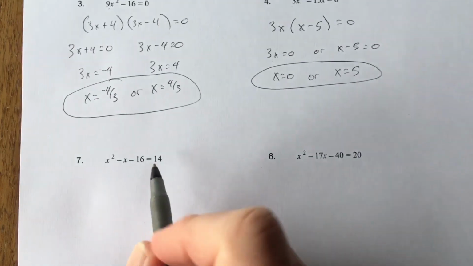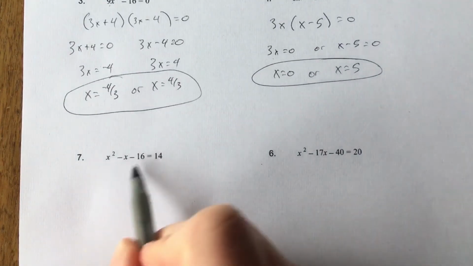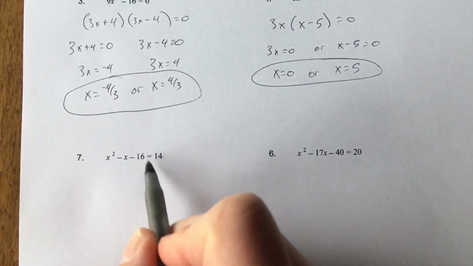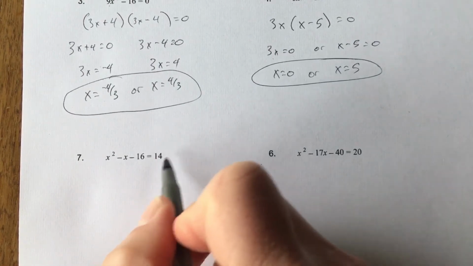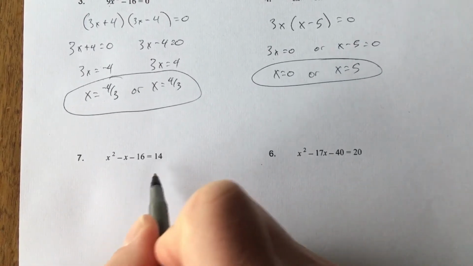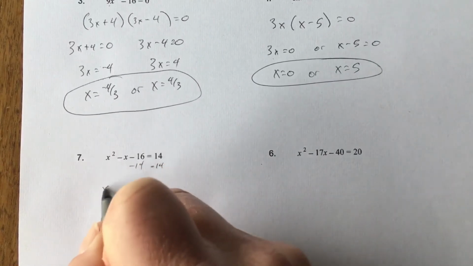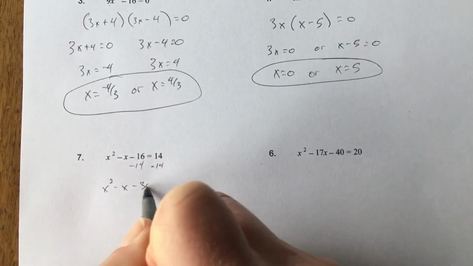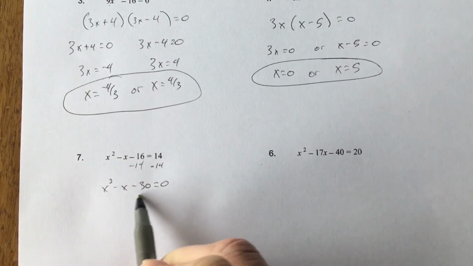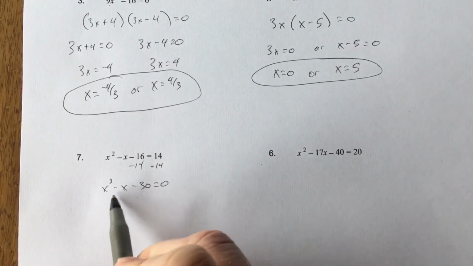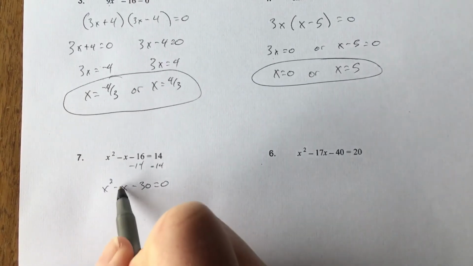For number 7, the key here, while this looks simple enough, you see that we're not equal to 0 to start with, and that's the key. You gotta be equal to 0 before you go here. So we're going to subtract 14 and get x squared minus x minus 30 equal to 0. Then we think about two numbers that multiply equal negative 30 and add to equal negative 1.